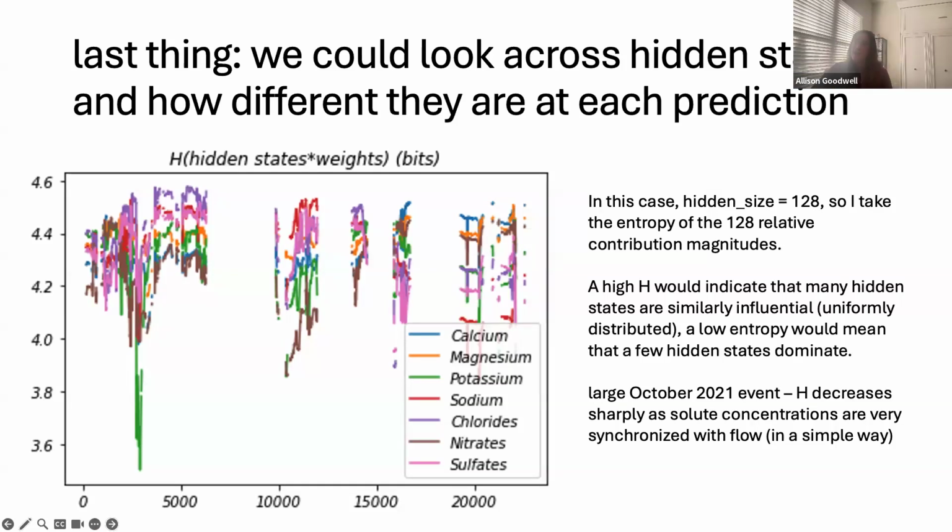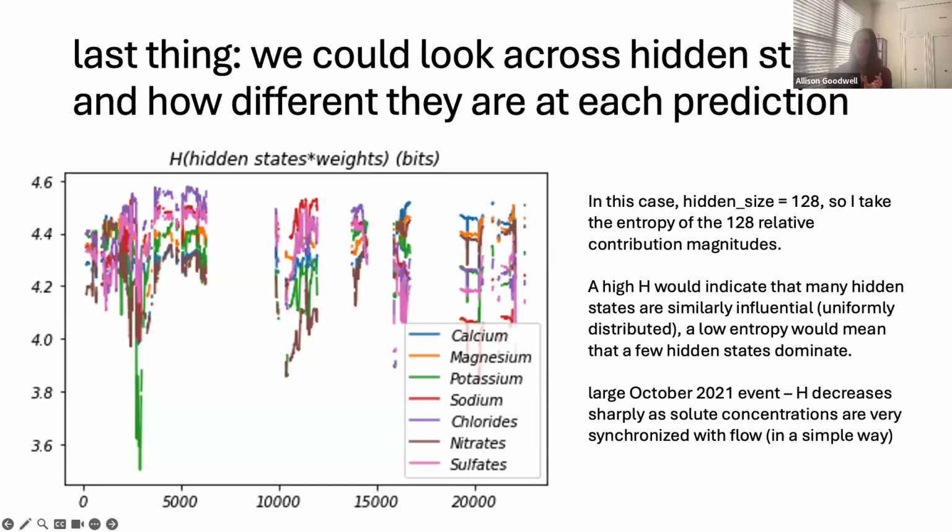I did some previous work where I was looking at the predictability of these solutes during these different temporal regimes. So basically looking at times at which the interdependencies between solutes are changing. For example, sometimes calcium and nitrate are very correlated, positively correlated, and then suddenly they'll switch to being negatively correlated.